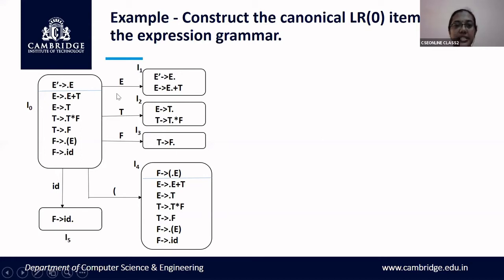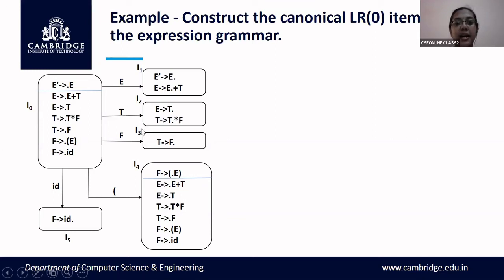This is the first step of go to and closure. Go to is moving from one item set or canonical item set to another state in the DFA. Go to can happen on all the possible symbols of the grammar. Closure is including all the production rules of the variable, where the variable is on the left hand side in the grammar.